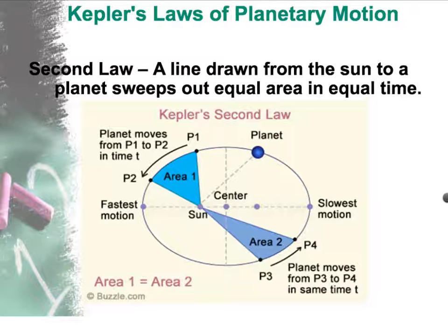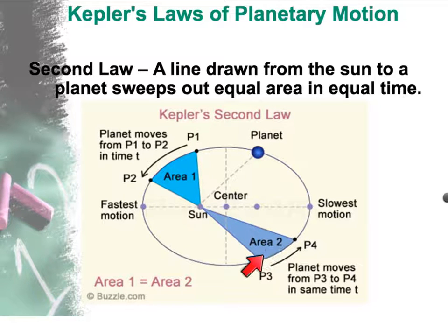It's kind of an awkward law, but it says two things. First of all, it says that the closer a planet is to the sun, so this is the sun right here, the faster it moves. So here in its orbit, it will go very fast, and it will have to go farther in its orbit because it has to sweep out the same amount of area as if it were over here.